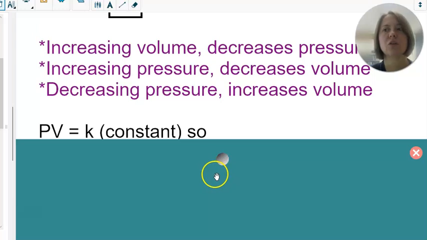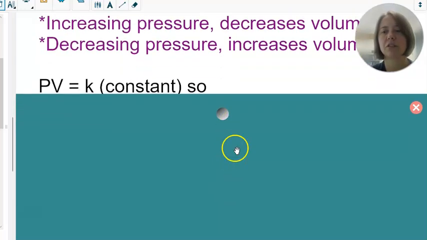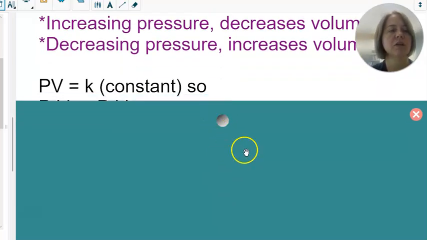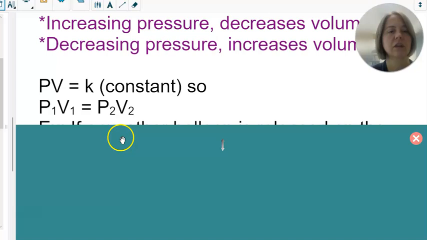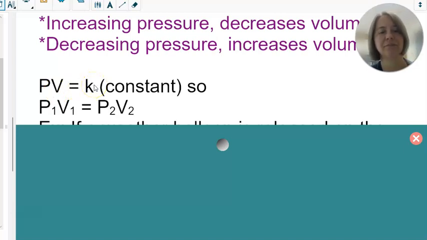All right, so we can talk about that in generalities, but we really want to dig into it, so let's get some numbers. Let's throw around some numbers. So the pressure and the volume equals K, some constant. So the initial pressure and the initial volume have to equal the second pressure and the second volume, because we know PV equals K and K is constant.